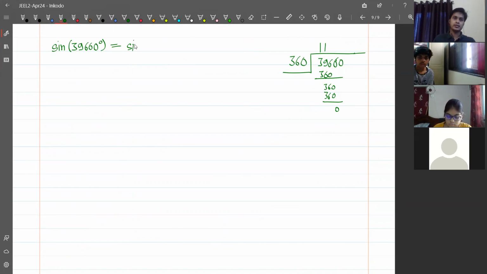So you can write it like this: sine of 360 times 11 degrees plus 0 degrees. That is sine of 0 degrees.